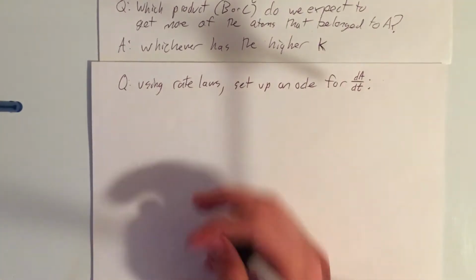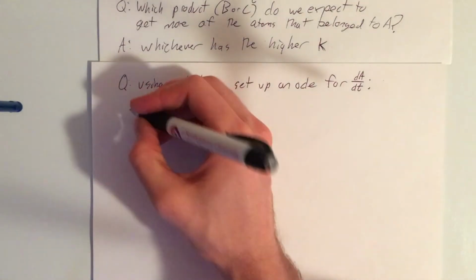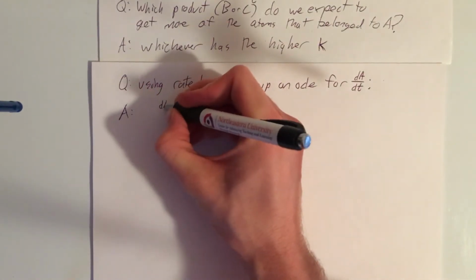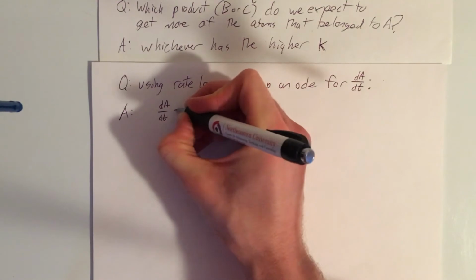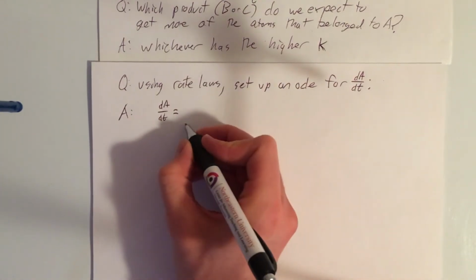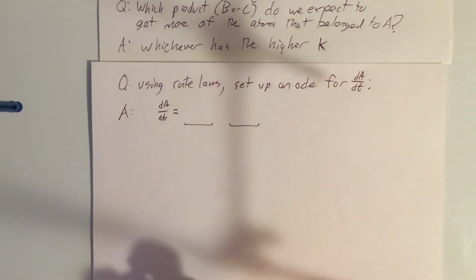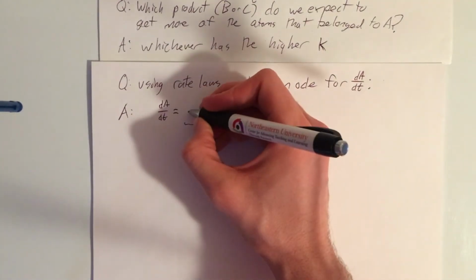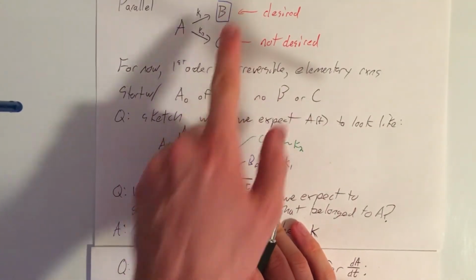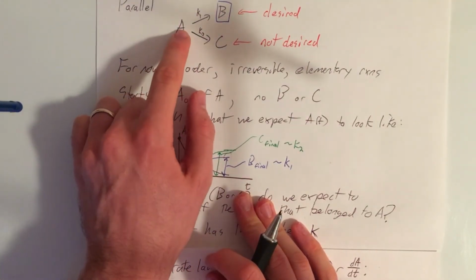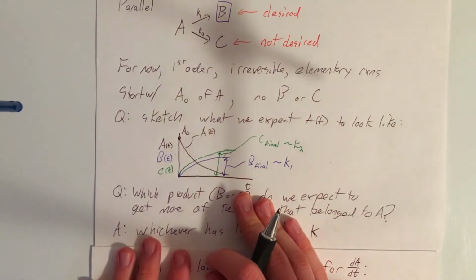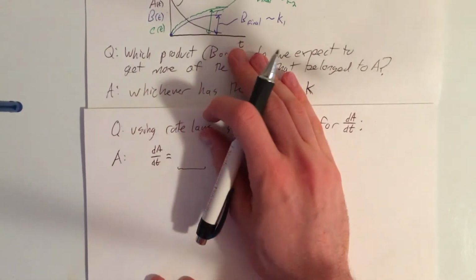All right, so the answer will be dA dt is equal to, and we expect two contributions to dA dt. One contribution would be related to the first reaction of A going to B, and the second contribution will be from the reaction of A going to C. So we have depletion from two sources.